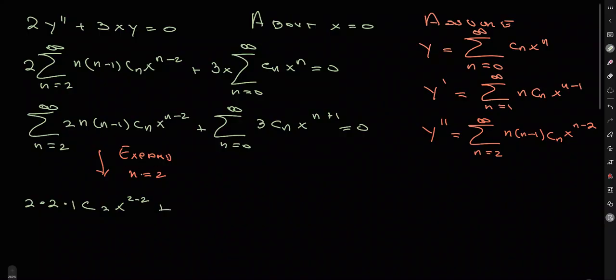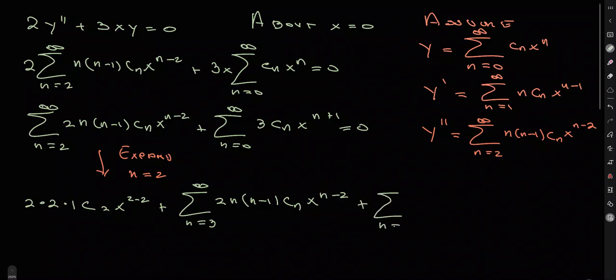plus, now that we stripped off the term related to n equals 2, the series now should start at n equals 3 to infinity of 2 times n minus 1 c sub n x to the n minus 2, plus sigma n equals 0 to infinity of 3 c sub n x to the n plus 1, and let that be equal to 0.